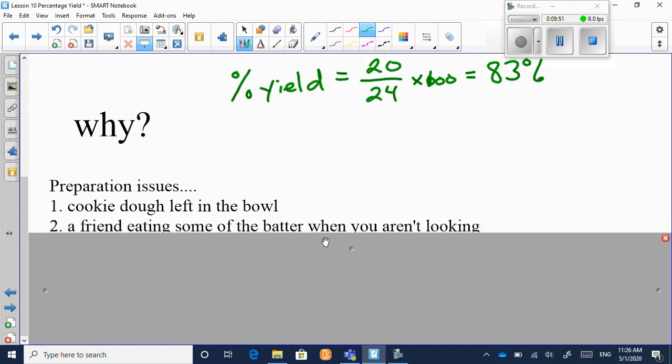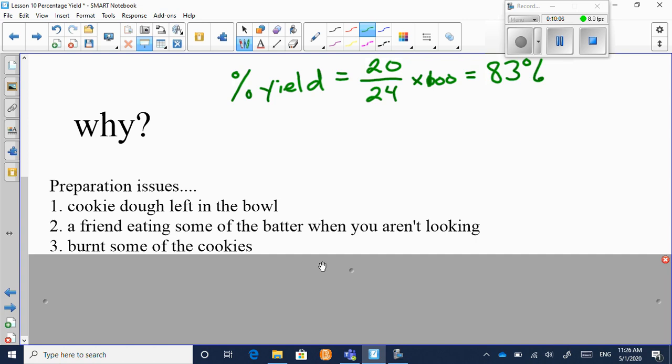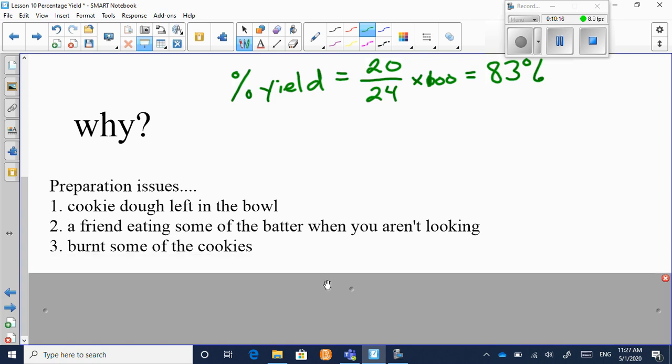Number two, you may be cooking with a friend, and when you turn your back, they scoop into the batter and steal some of the cookie dough batter and decide they're going to eat it. So that reduces your yield. Maybe unfortunately you burnt a few cookies and so you threw them in the garbage, and so that would reduce your yield. These are typical reasons why you don't get the theoretical yield.